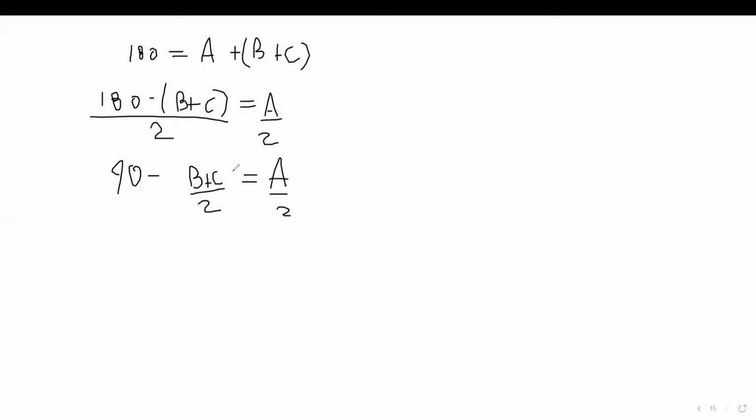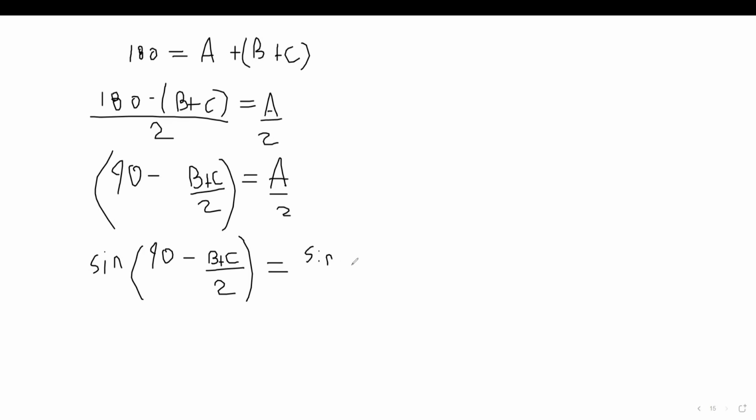Now if we take the sine of both sides, the sine of 90 minus B plus C over 2 also equals the sine of A over 2.